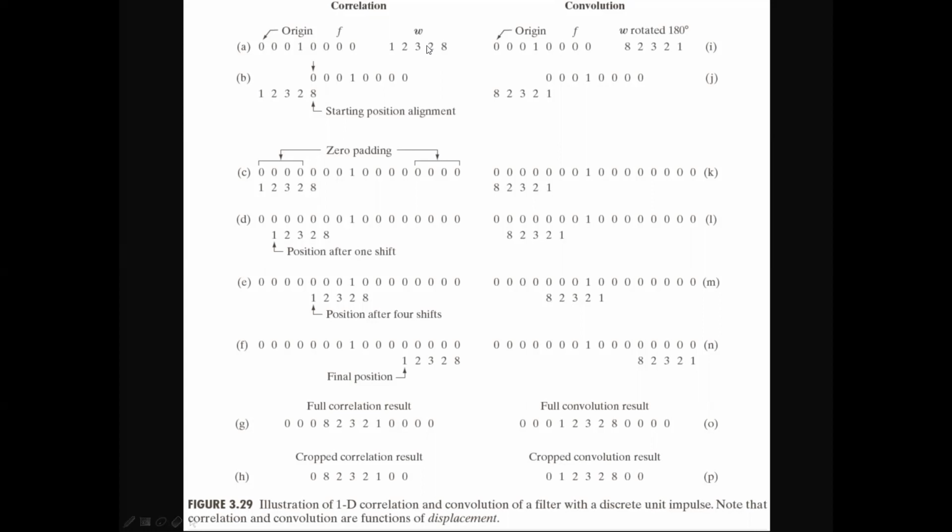So here you can see clearly 1, 2, 3, 2, 8. Now examine this: this is the original image 0 0 0 1 0 0, and this is the filter.